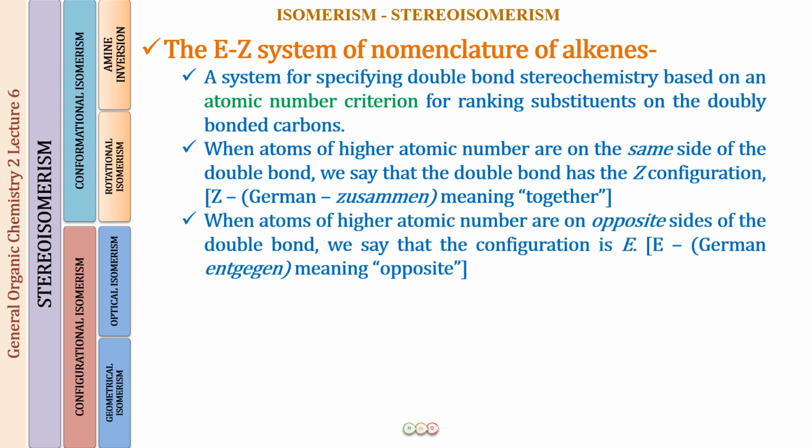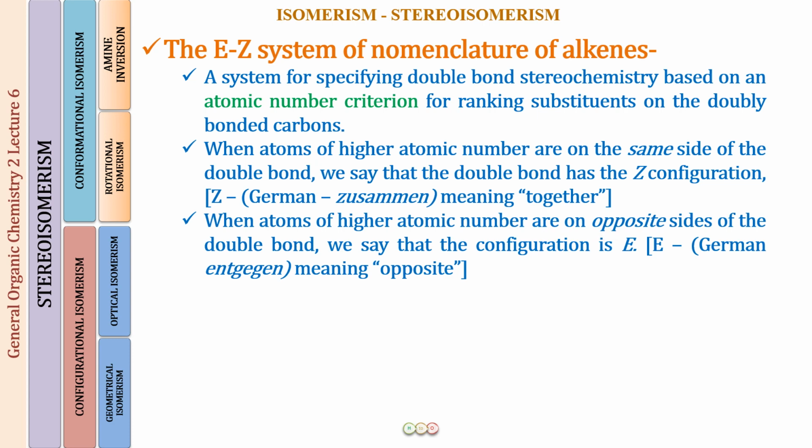And then, if the atoms of higher atomic number are on the opposite side of the double bond, diagonally opposite to each other, then we say that the configuration is E type, and E stands for the German word entgegen, which means opposite, right? So cis is similar to Z and trans is similar to E. Here we have the atoms of higher atomic number on the same side, and here we have the atoms of higher atomic number opposite to each other, diagonally opposite.